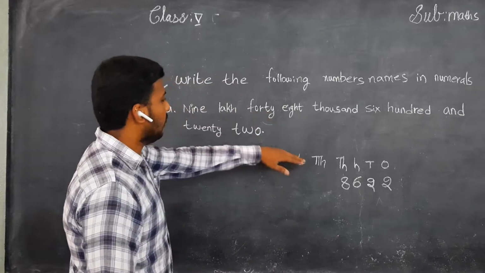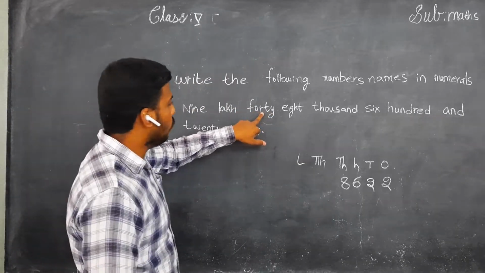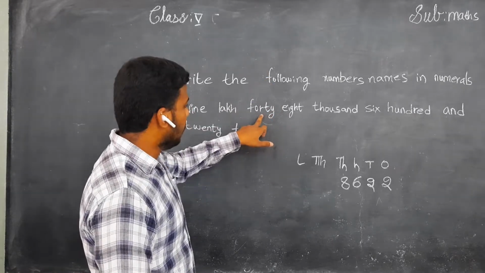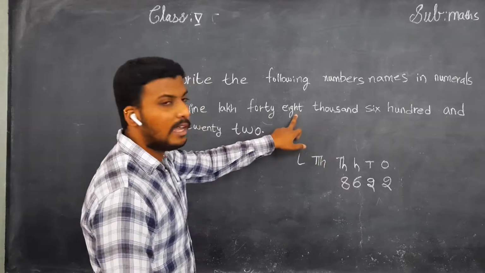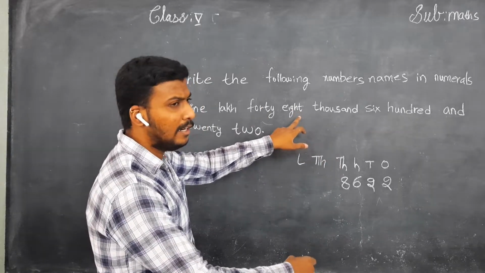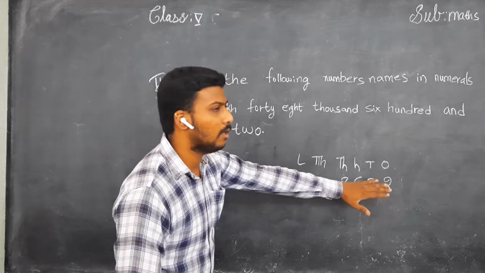Next, coming to 10,000, see, 40 means 4 into 10. In the place of 10,000 there is 4, and in the place of thousands we have 8. 8 into 1000, 8000. 8622, up to here we got the value.